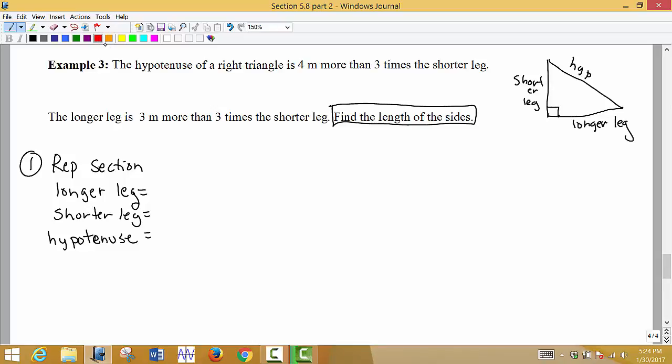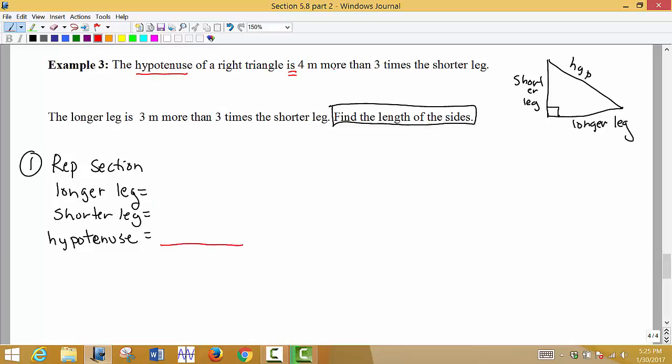Now we need to represent one of them with x and one of them with something that has x in it. So I'm going to go back to my first sentence that mentions one of the things that I'm being asked to find, the hypotenuse. It says the hypotenuse is, or equals, so I'm going to be finishing this sentence right here.